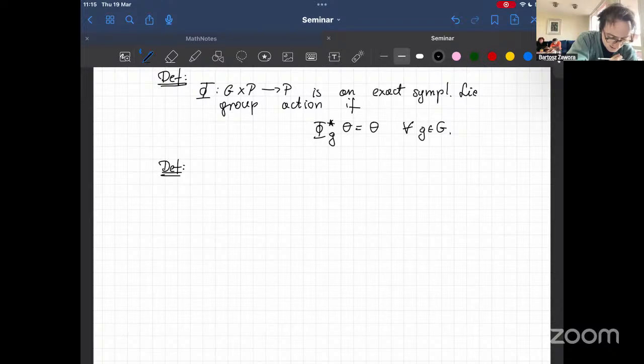But in this case, omega is exact, so we can define an exact symplectic momentum map.